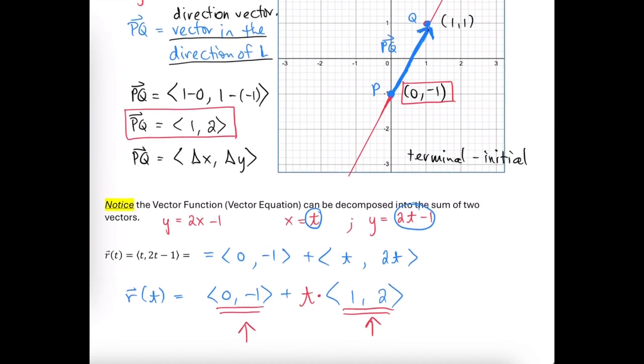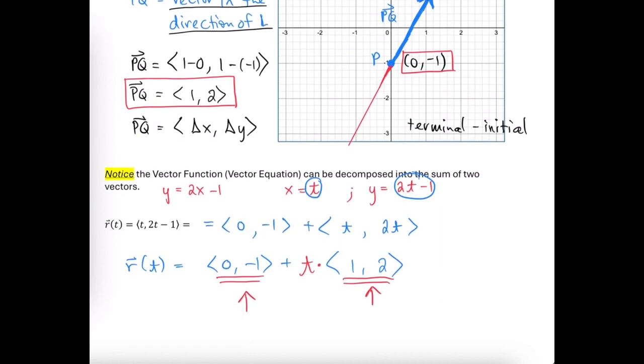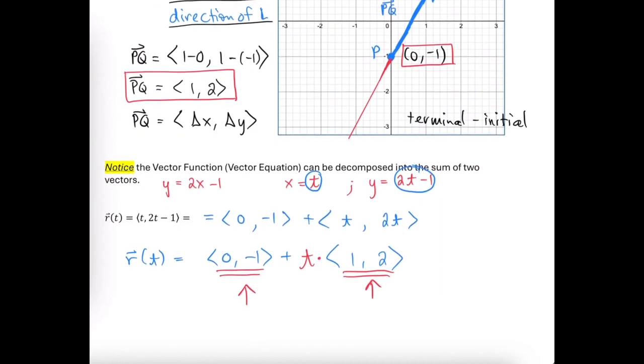This is a specific example of something that is going to happen in the general case. So we're going to let this vector 0, -1 be generalized by saying that this is the vector that we would get if we plugged 0 in for our value of t.